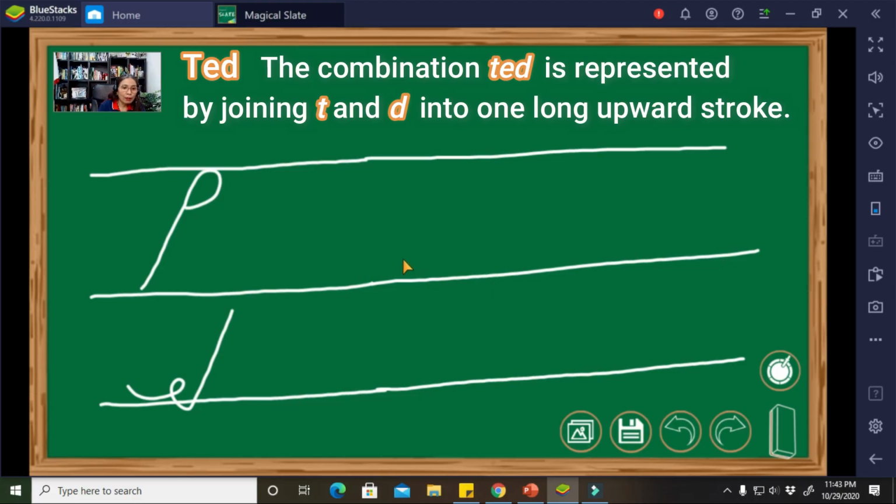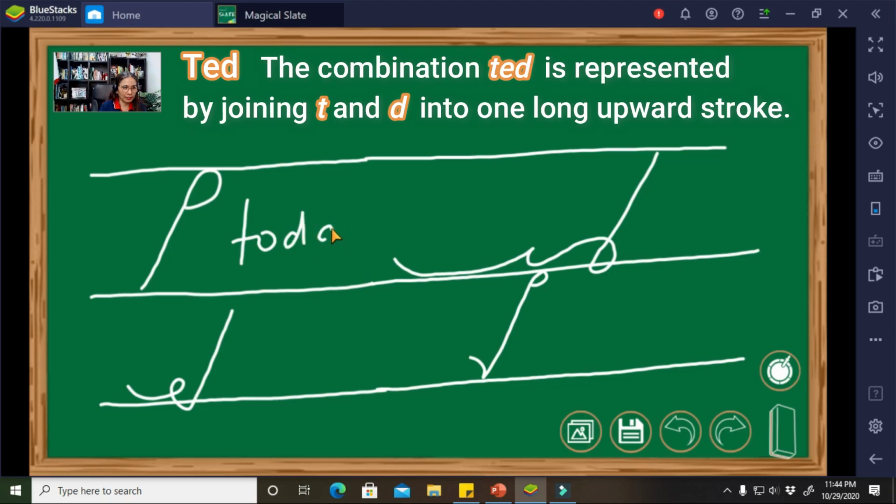We have a forward curve and then a downward dip hook and a forward curve, then a big circle and then an upward straight line there. So let's try to answer now.